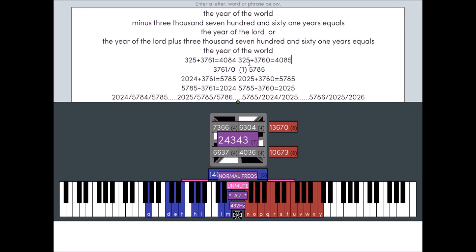So the Trinity of years for 325 AD in the Council of Nicaea was 325 AD, 4084 AM, and 4085 AM. That was the Trinity year there, right?